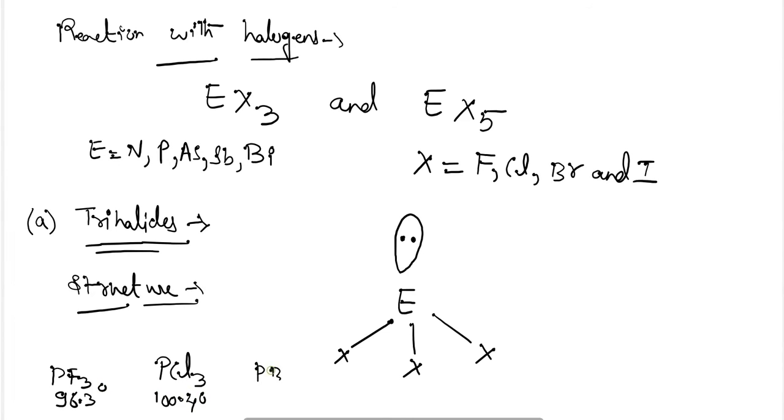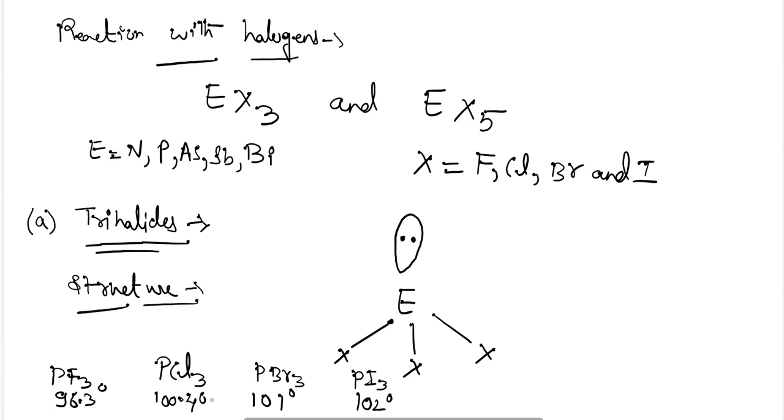For PBr3 the angle will increase more and it will become 101, and for PI3 it becomes 102. So this is the bond angle for different trihalides of phosphorus.